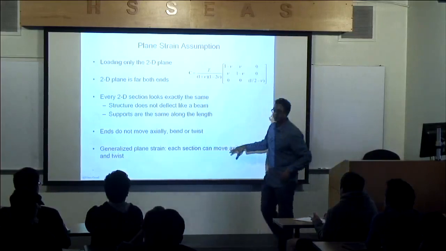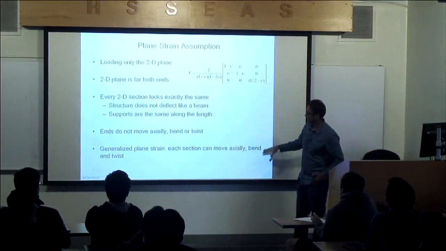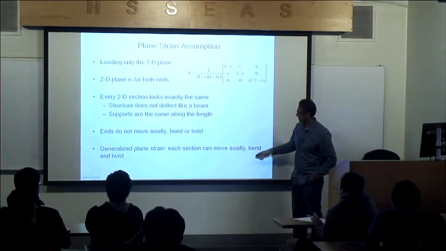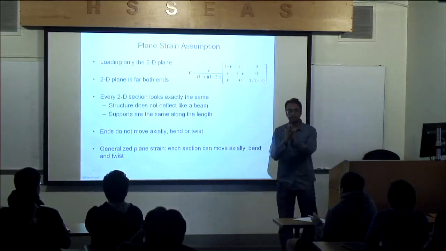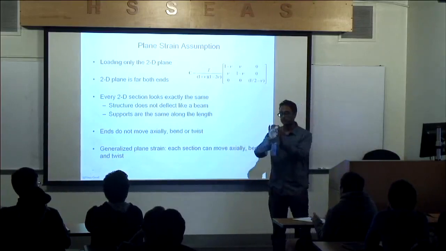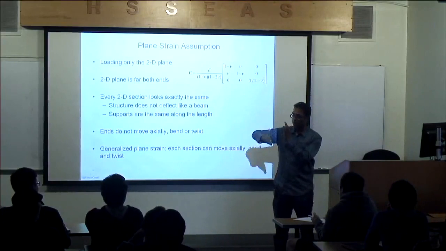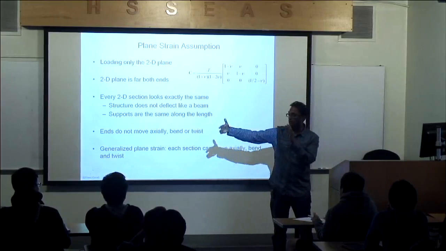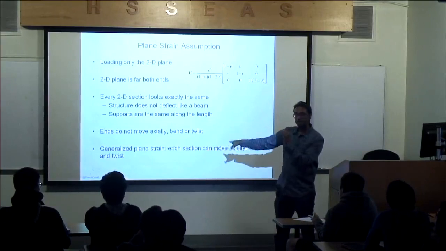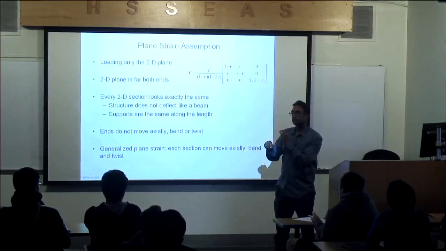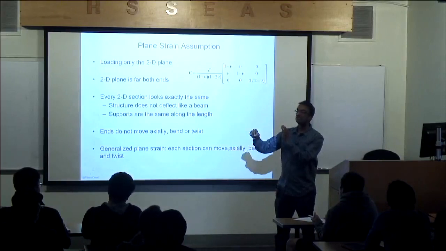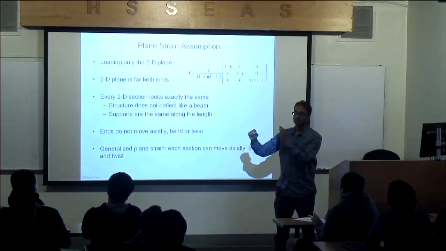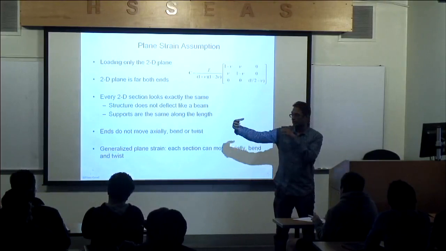Abaqus has an advanced version of plane strain, which I think you should read about. Basically, if you have a pencil that's very long, you can model that cross section that's representative of every cross section through the thickness in that long section. This element in Abaqus, don't quote me on this, CPE4G I believe, G for generalized, is able to apply loads at the end.